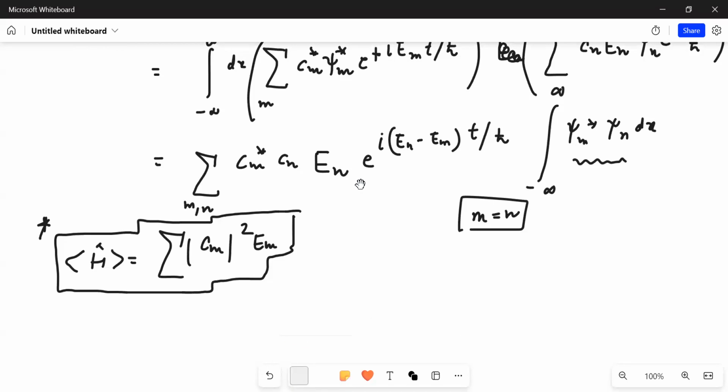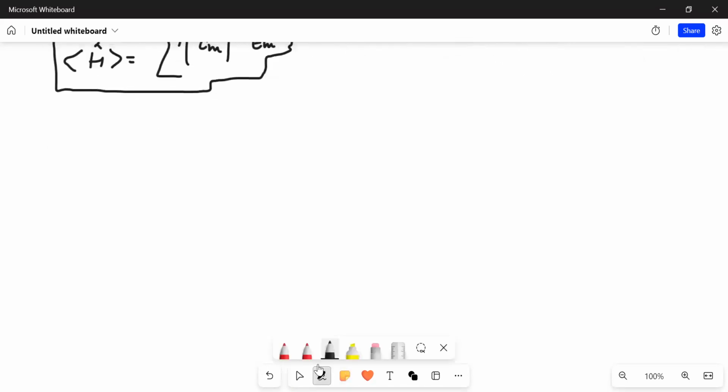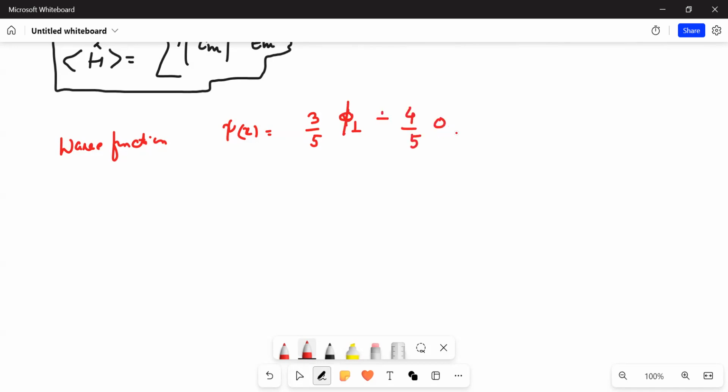So let us consider a problem on this. The wave function of a quantum mechanical particle is given by psi x is equal to 3 by 5 phi 1 plus 4 by 5 phi 2.